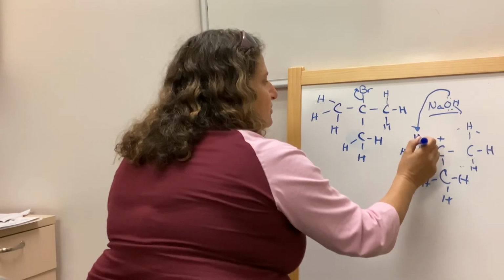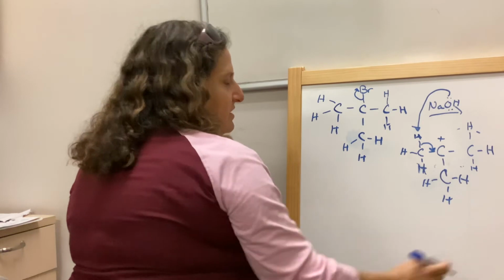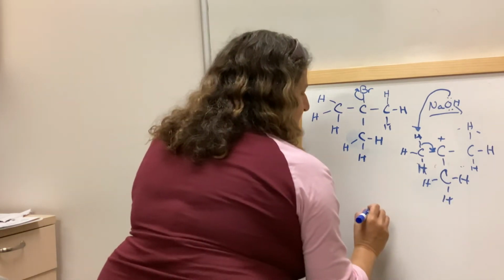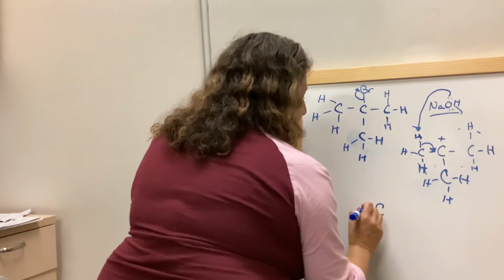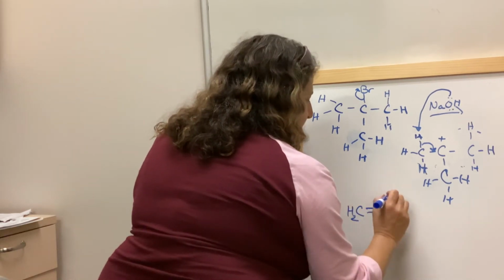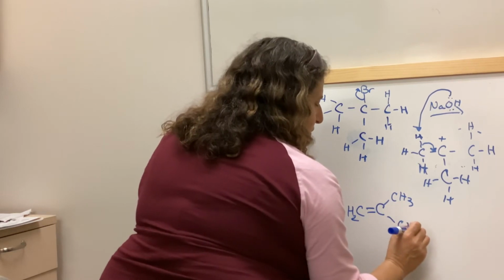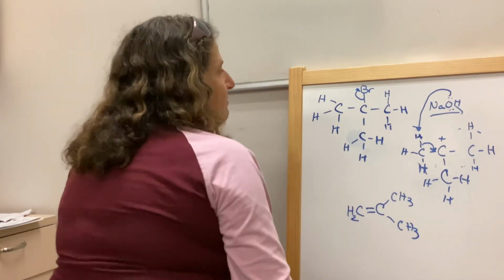The hydrogen is going to give the electrons, that bond is going to go and make a double bond, forming C double bond CH2, CH3, CH3.